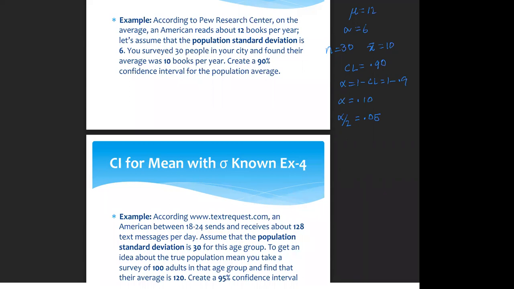Okay. Now, let's go ahead and look at the diagram, the one that we will create. Standard normal distribution, mean 0, standard deviation 1. So area to the right tail is going to be 0.05, and area to the left is going to be 0.05 as well.